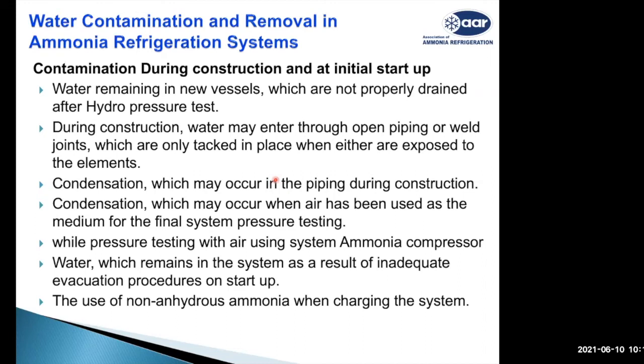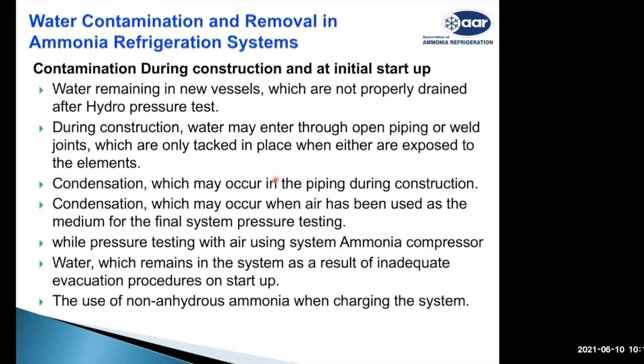Then there is the possibility of air. Many times people use air for pressure testing of the plant instead of dry nitrogen. They use the same refrigerant compressor to put the air in for testing.